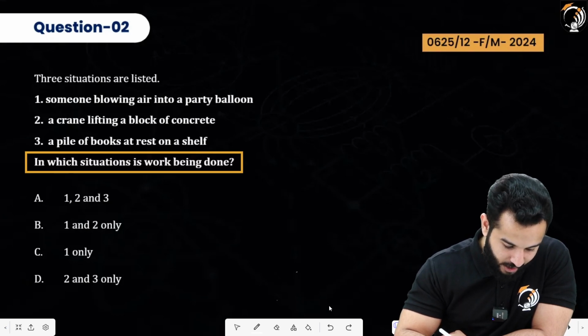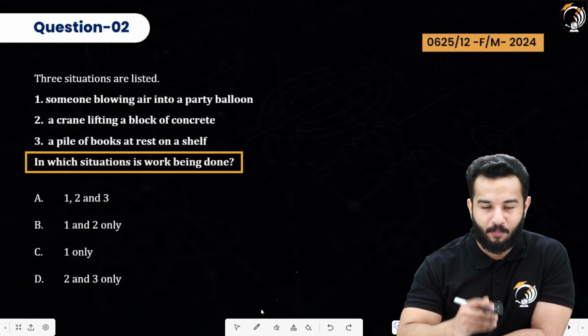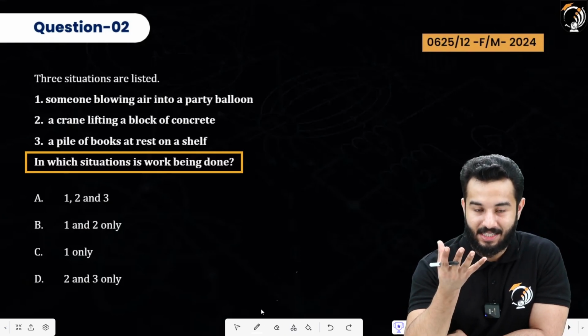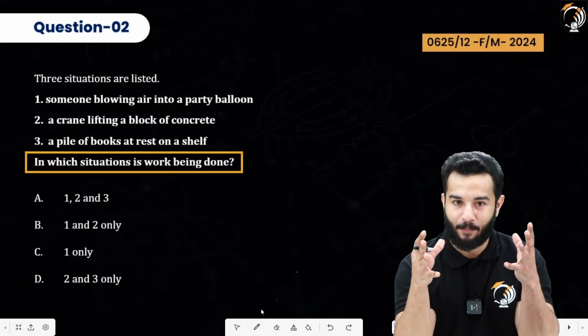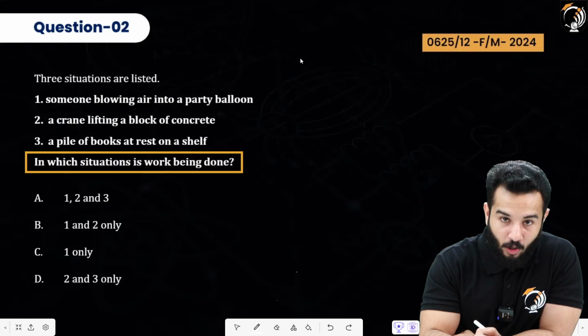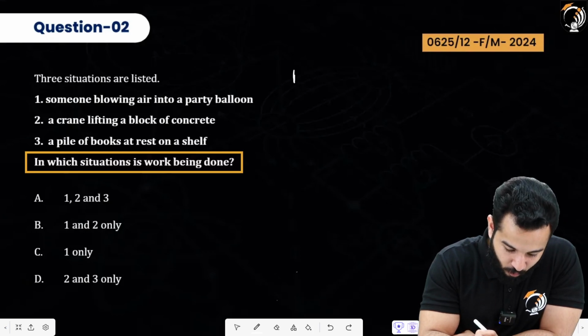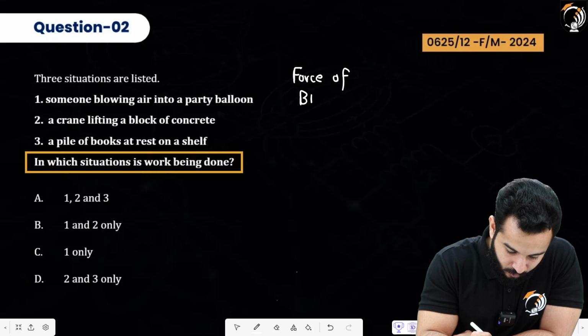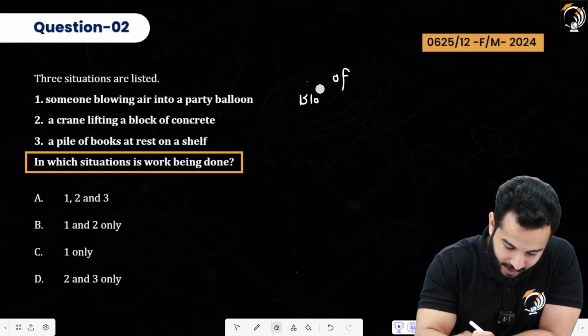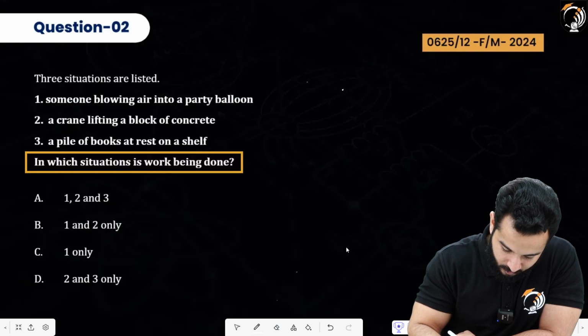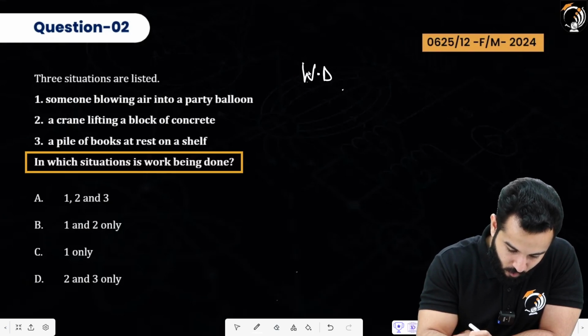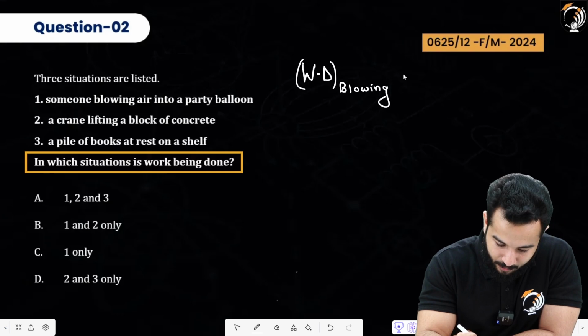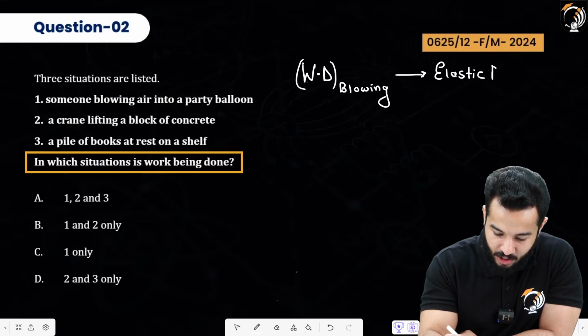So if someone is blowing air into a party balloon, the party balloon is obviously getting big, so the force with which you are blowing air, the work done in blowing air inside the party balloon is getting converted into elastic potential energy as it is changing its shape.